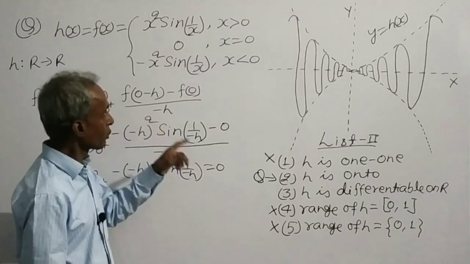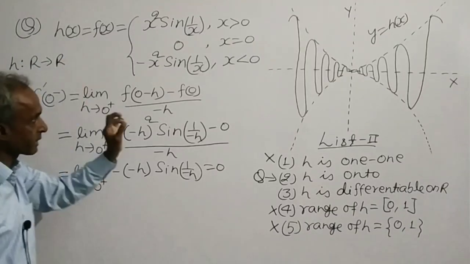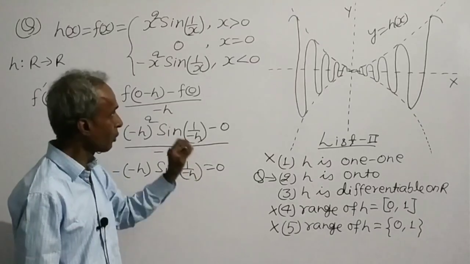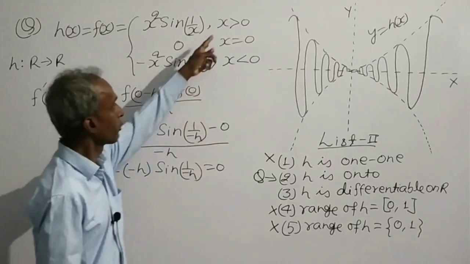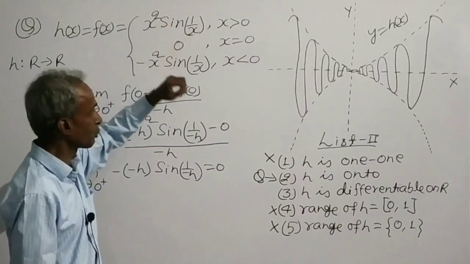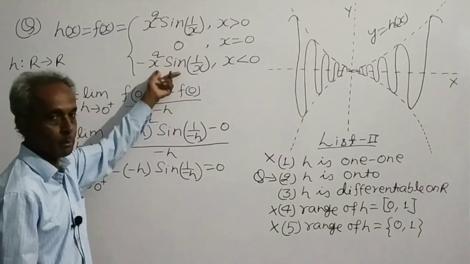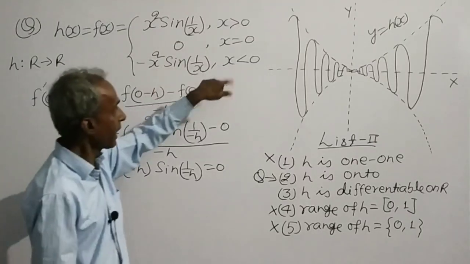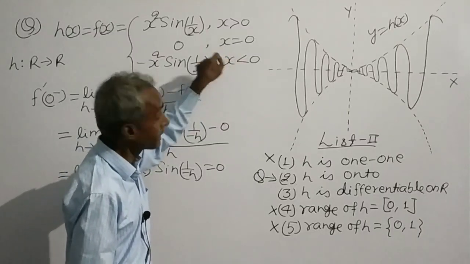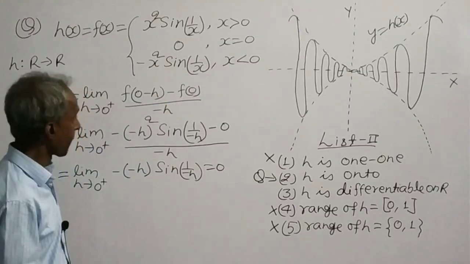We are not sure whether this function h(x) is differentiable at x equal to 0 or not, because on the right-hand side of 0 the function is written by this rule, on the left-hand side of 0 the function is written by this rule, and at x exactly equal to 0 the function is written by this rule.